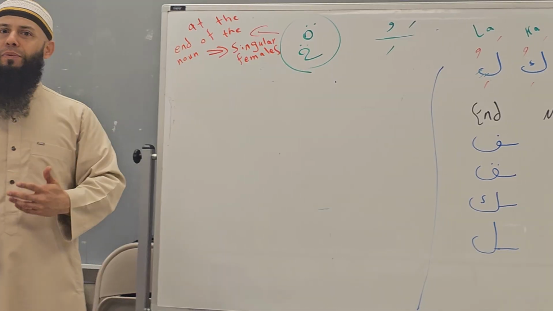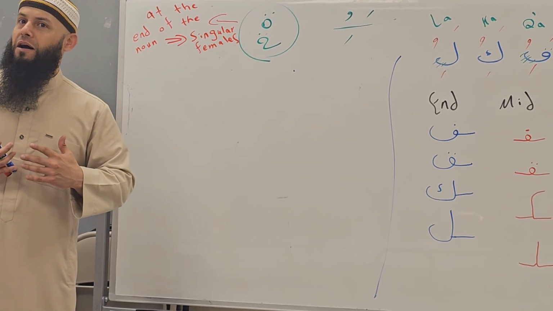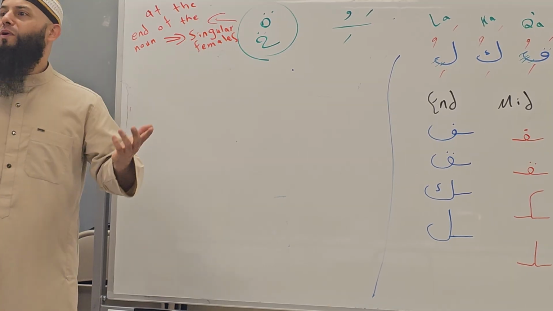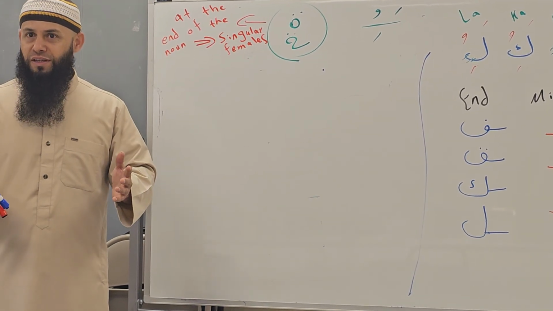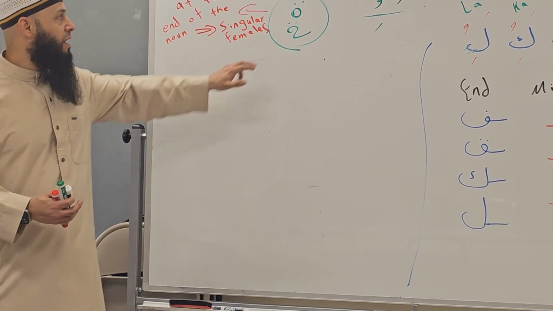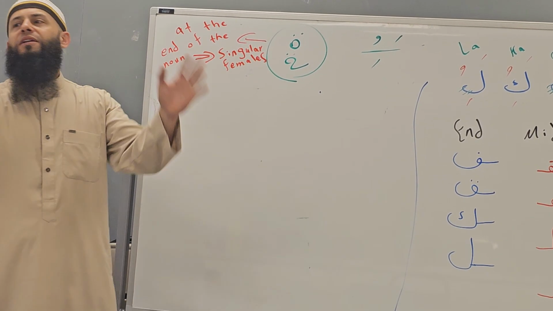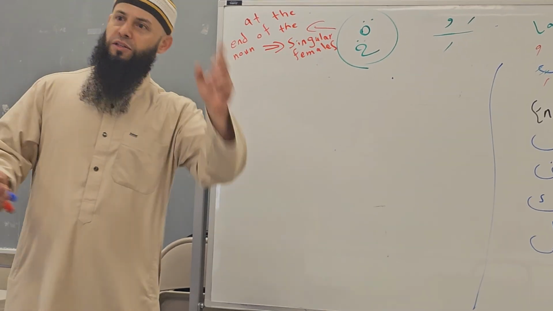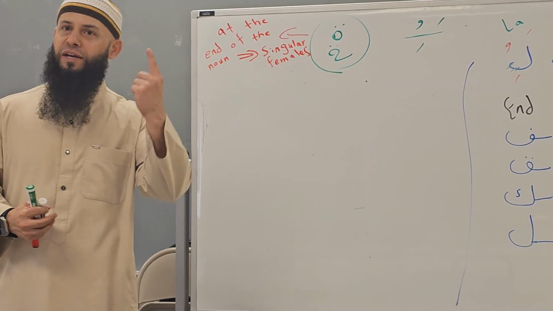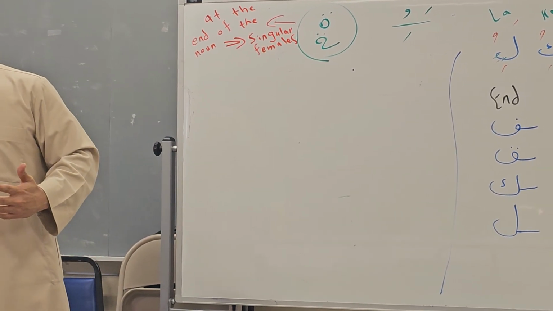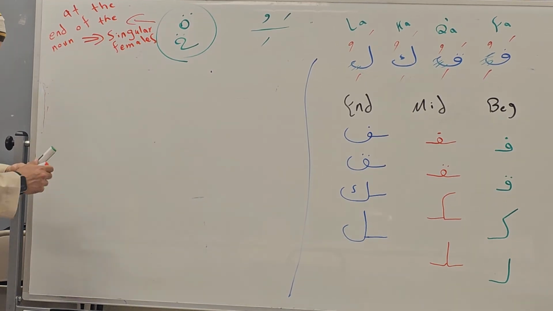For example, the butterfly in Arabic is always female. How do I know that? Because you're going to see this one at the end of it. But can you change it to male? Can you erase it or drop it? You can't. Whenever you write butterfly in the singular, it's always going to be female.